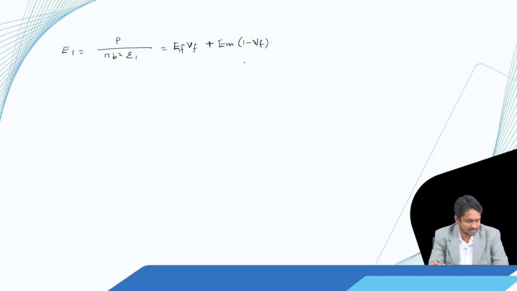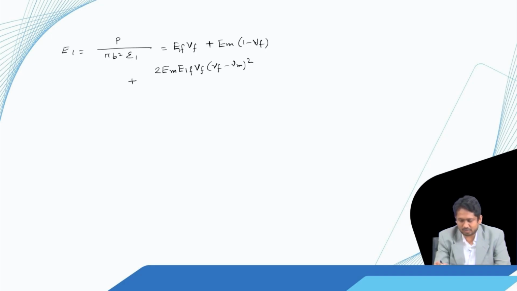So, 1 minus V_f is just V_m, plus we have a big term which is 2 into E_m multiplied by E_1f into V_f, and then we have nu_f minus nu_m square.